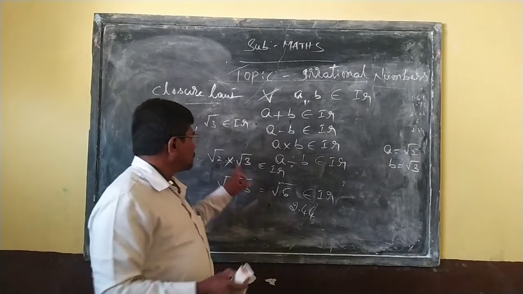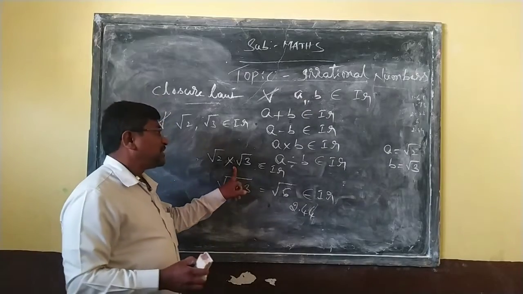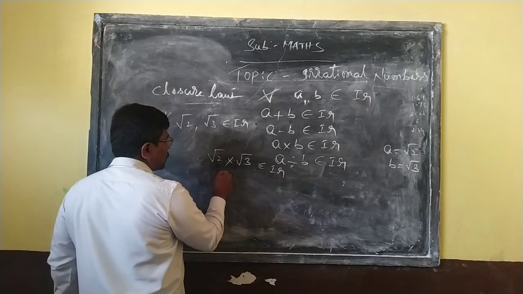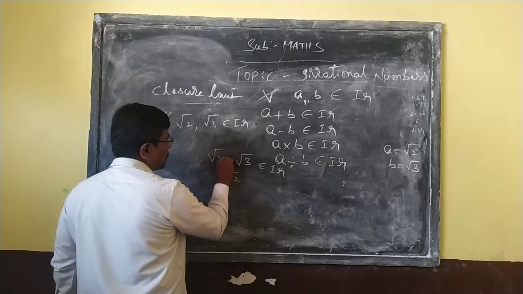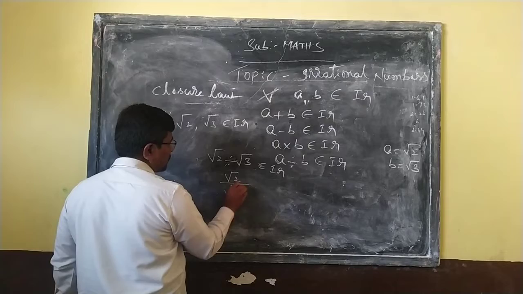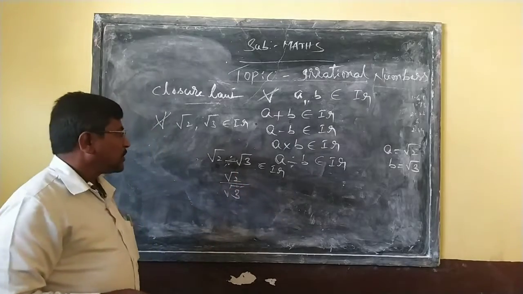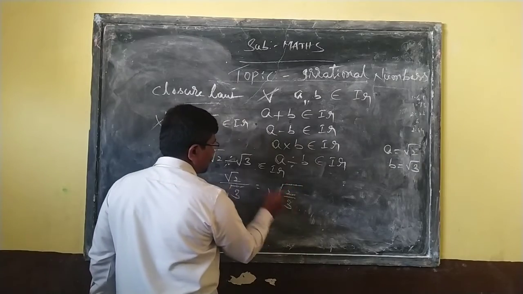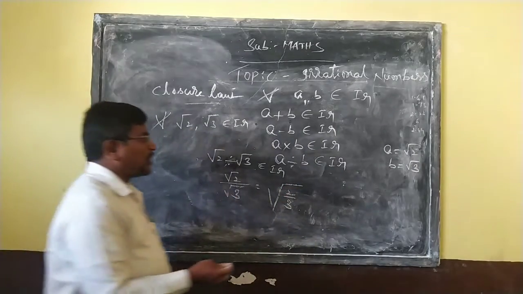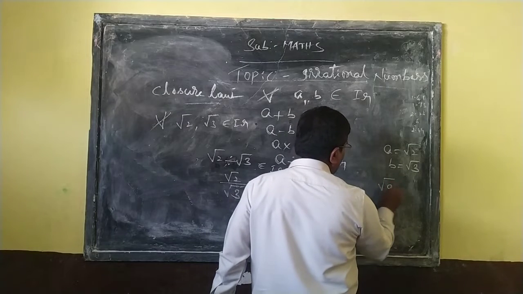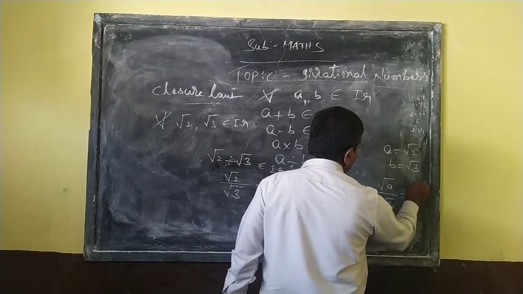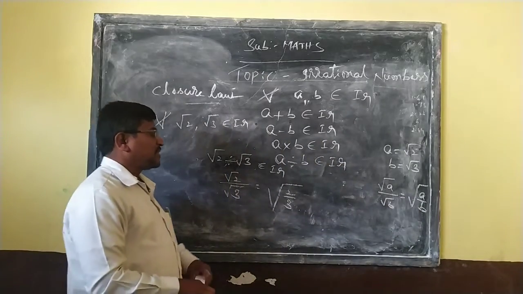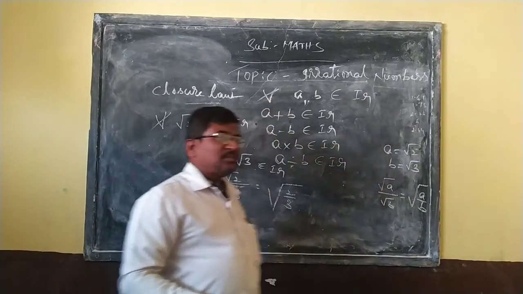So this is multiplication. Division also happens. That is root 2 divided by root 3. You can write it as root of 2 by 3. One law is there: root a by root b is equal to root of a by b. You can apply this law. I will explain that later.